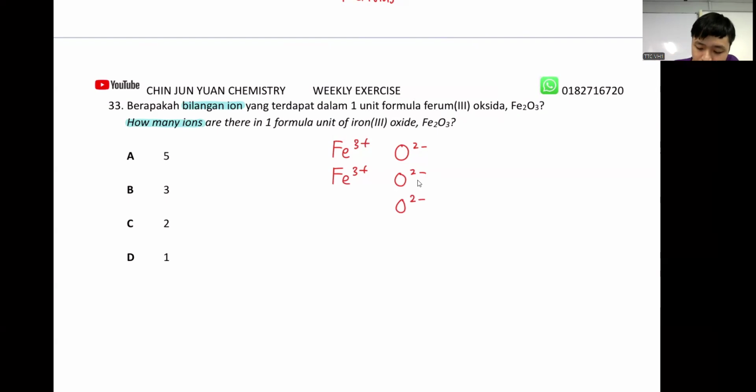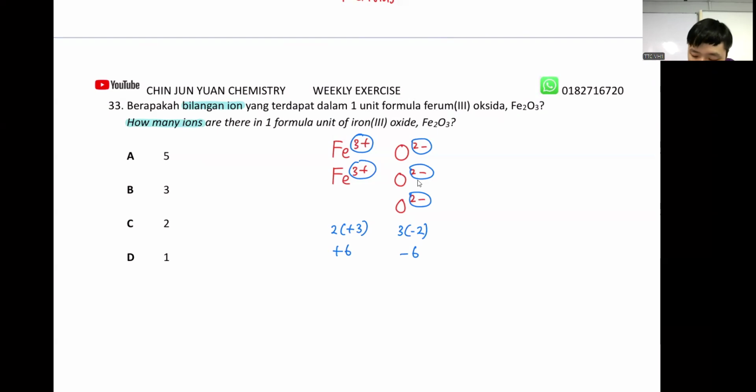So now you see, you have 3 positive, 2 positive 3 for Fe. Now you got 3 negative 2. Now, left side positive 6, right side negative 6.